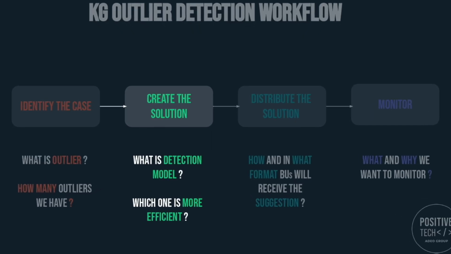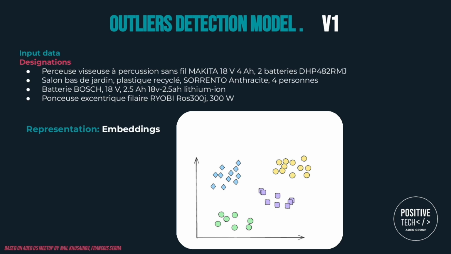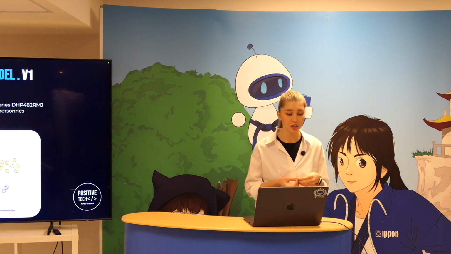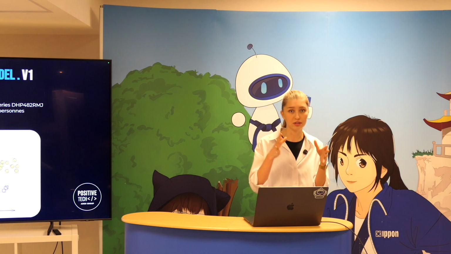We are going to the models. I will explain 2 versions of the models our data scientists checked, and explain why we chose one and not the other. The input data is designations or definitions of the product we have in our database. It can also be the description and the product name, depending on how much data we have in the designation.